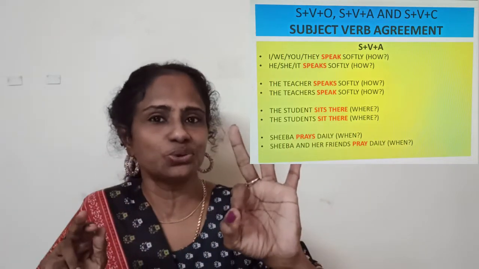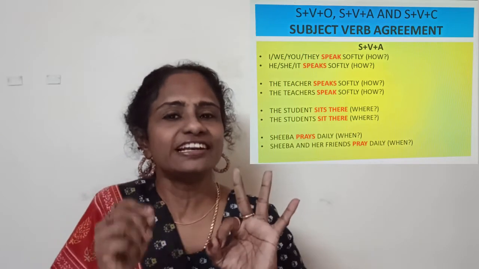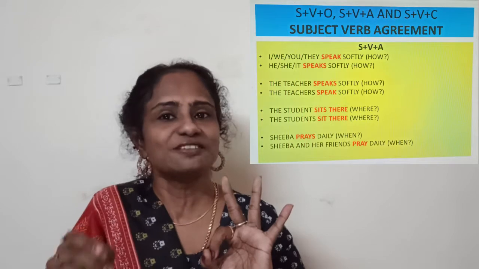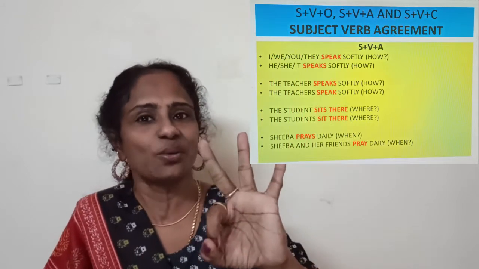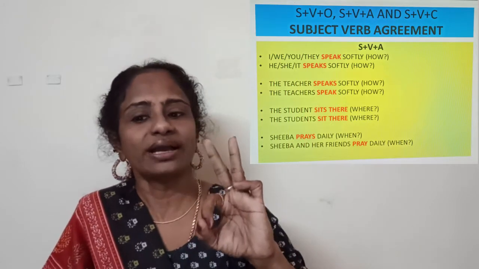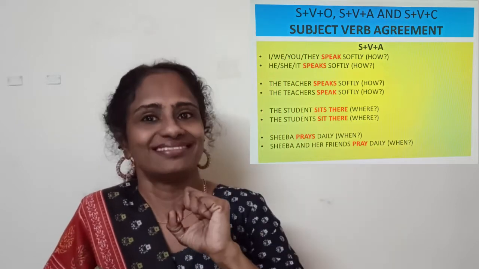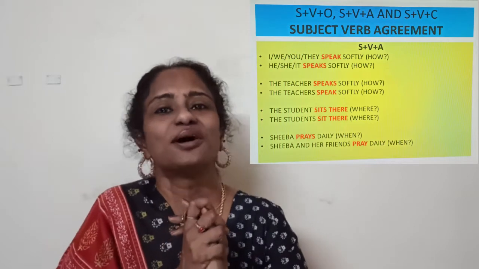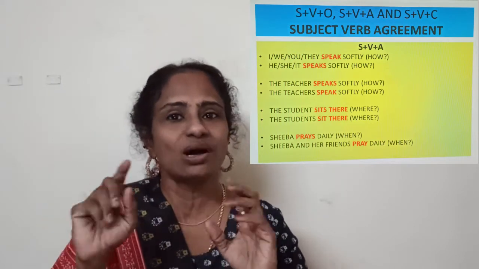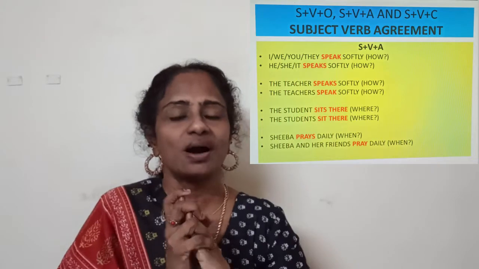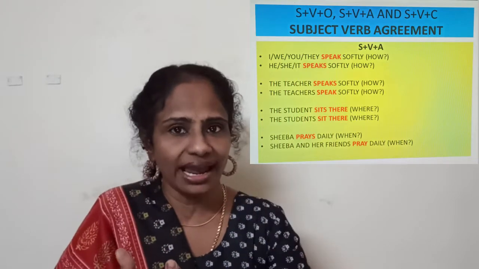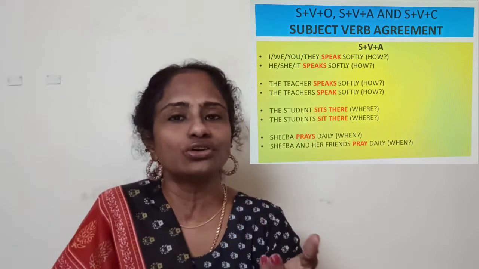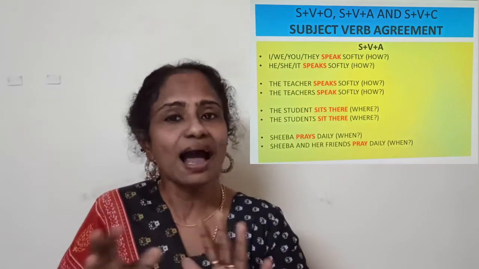Just remember these three questions to identify if a sentence is S plus V plus A. What you get as an answer is what you call an adverb. So S plus V plus A, what is A? A is adverb. The other name to remember it is apple 1, because I am going to talk to you about apple 2. That's the reason apple 1 is there.